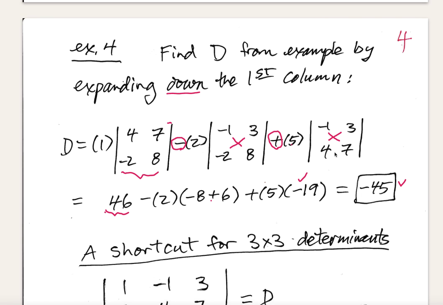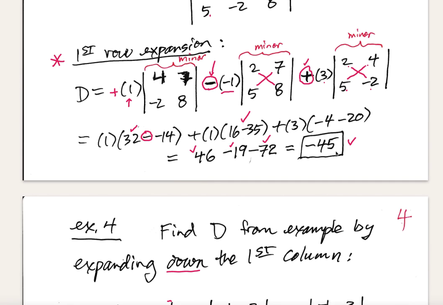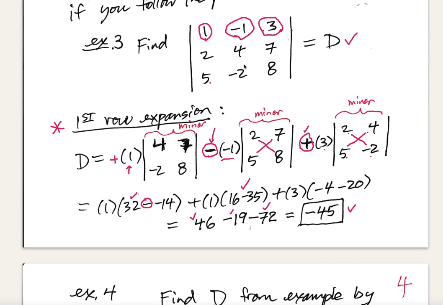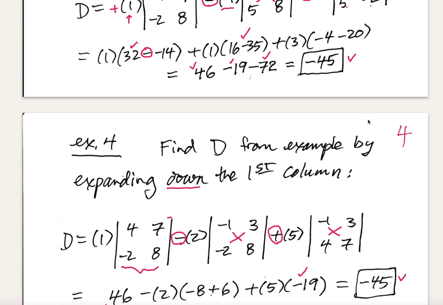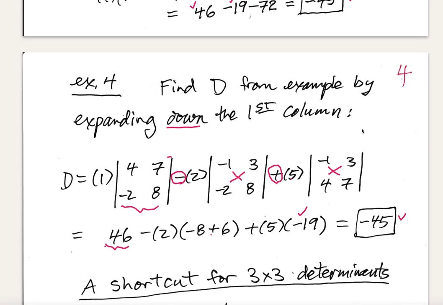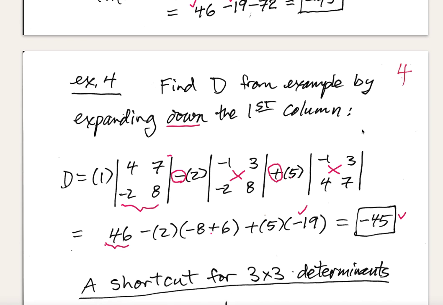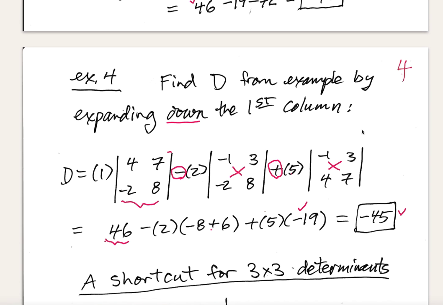You might try this some other ways just for practice here. Try going down the middle column or something, or middle row, or third row if you want. If you do everything right, you should end up with negative 45. It doesn't matter which row or column you expand by, you're going to get the same answer. Or you should.